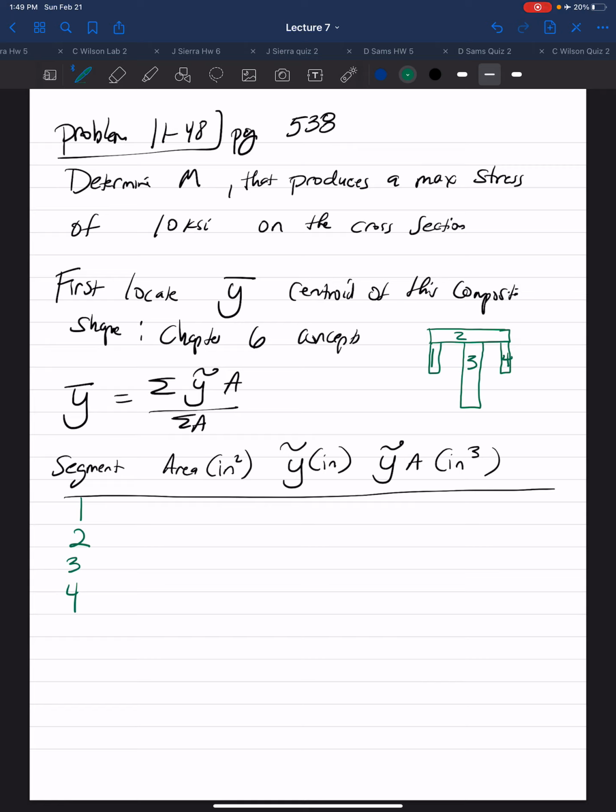So the area of segment 1, which is the same as segment 4, is 3 inches times the width, which is 0.5 inches.